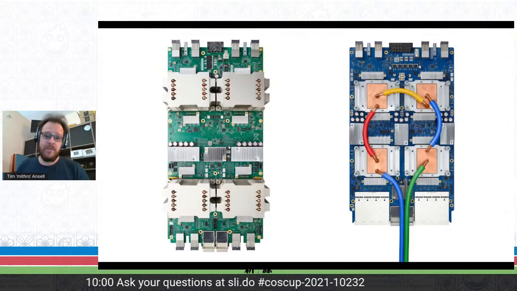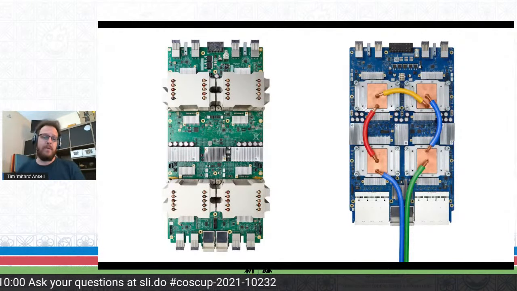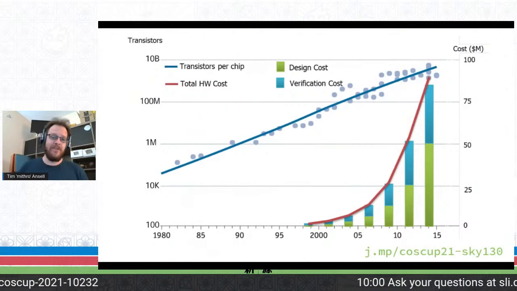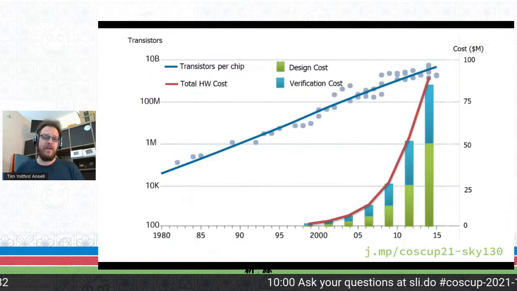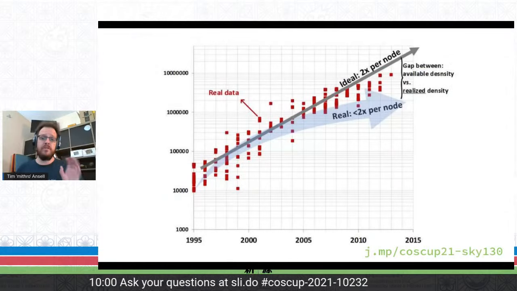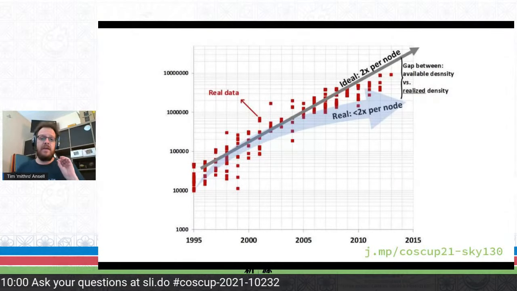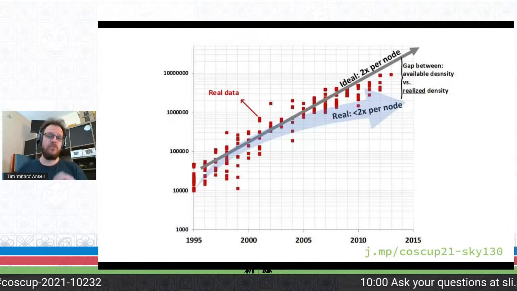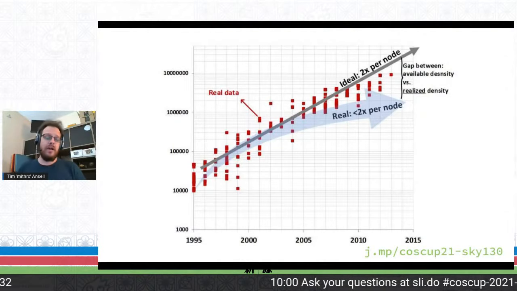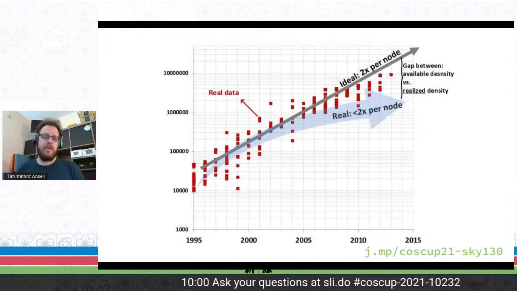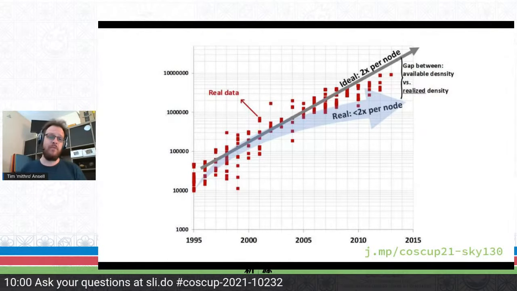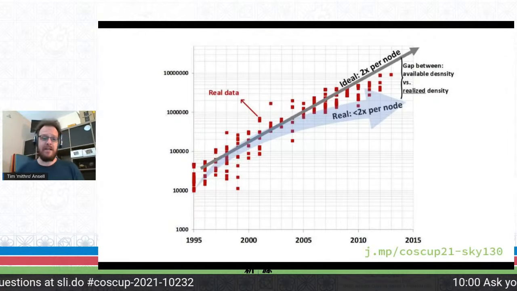But what we've discovered is that developing hardware accelerators is very expensive, and it's getting more and more expensive. We're also seeing that the actual benefit we're getting from shrinking down the transistor is not as strongly beneficial as it used to be. There's this gap between what theoretically we should be getting and what we're actually getting.